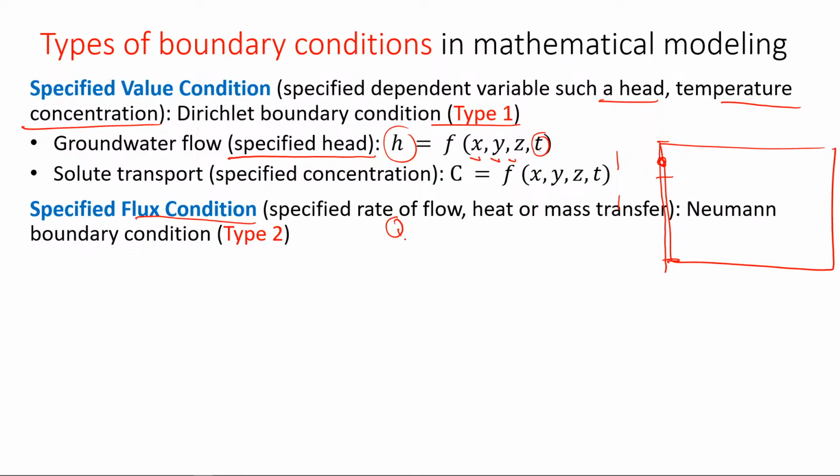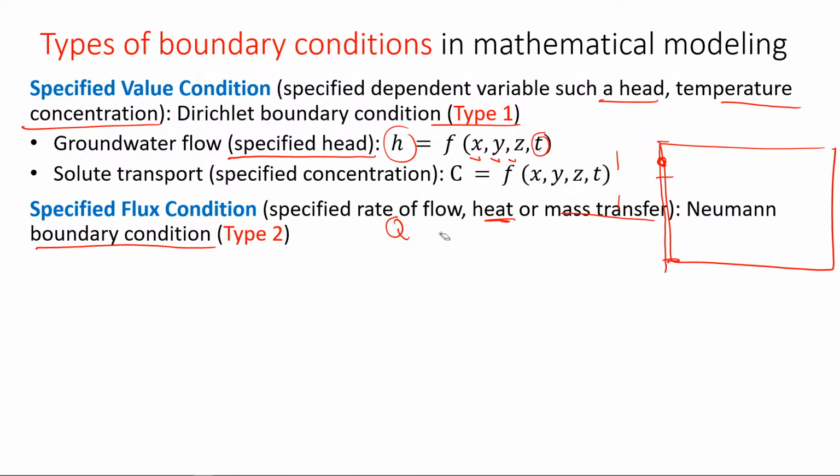That would be the flow rate, big Q or small q. It could also be the mass transfer, not milligrams per liter, not concentration, but how much mass is being transferred, or heat, not temperature, but how much heat is being transported. This is called a type 2 boundary condition.